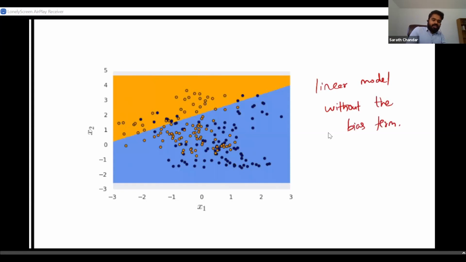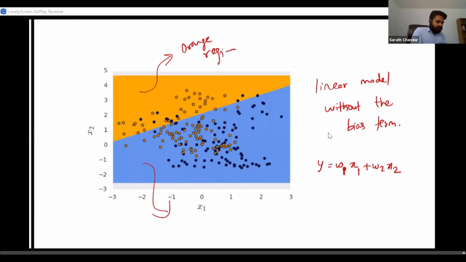So this is essentially y = w1x1 + w2x2. This is my linear regression model, and you can see that the blue region corresponds to the blue class and the orange region corresponds to the orange class. This line is my decision boundary, which is basically w transpose x equals 0.5.